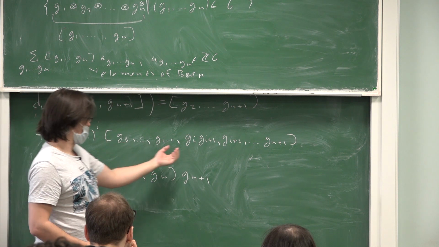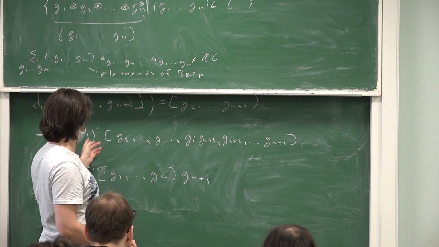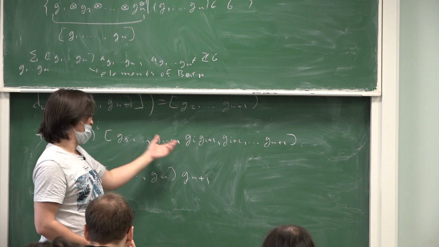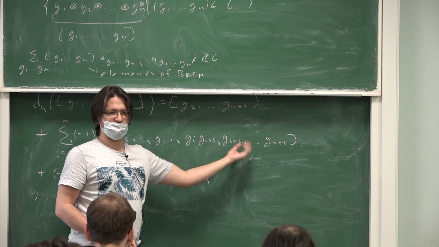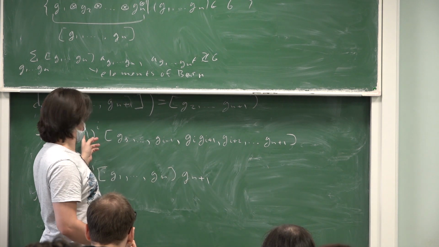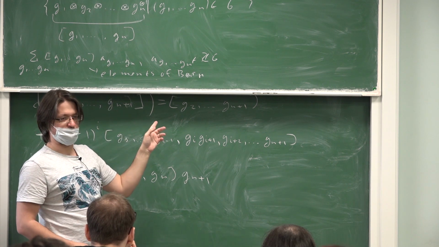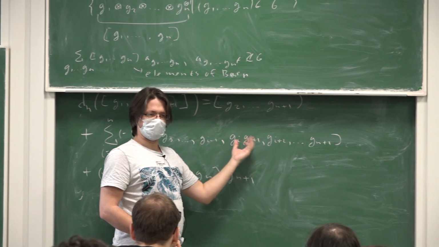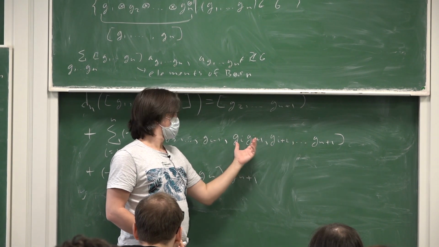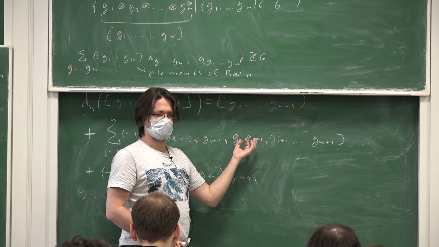Or you can glue first gi and g(i plus 1) and multiply by minus 1 in the ith power, and when you then glue gj and g(j plus 1), you will multiply by minus 1 in the (j minus 1) power, because the number of terms before gj decreases by 1 when you glue gi and g(i plus 1).